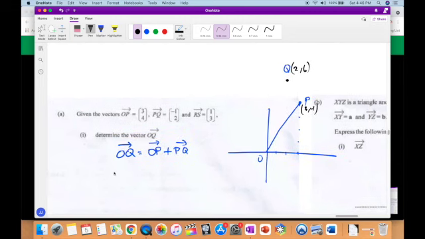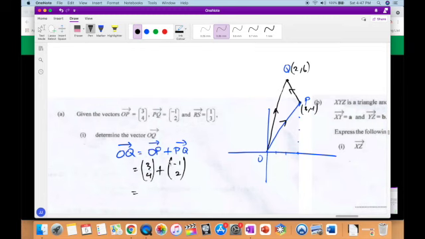Right? So OQ is OP, 3, 4, plus PQ. So OQ, which is here, triangle law again, is OP plus PQ. So plus PQ, which is -1, 2.